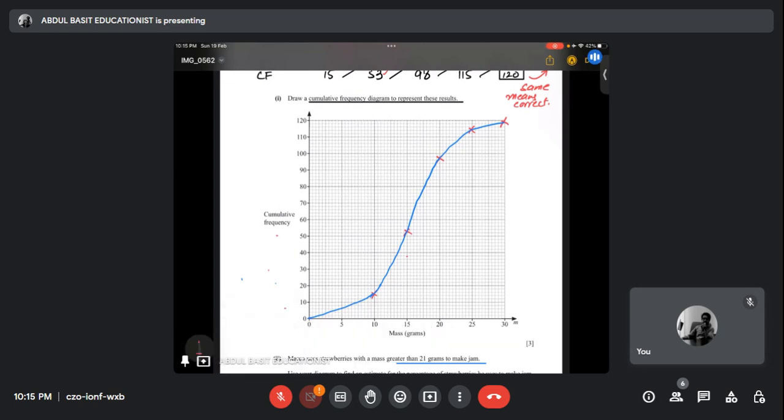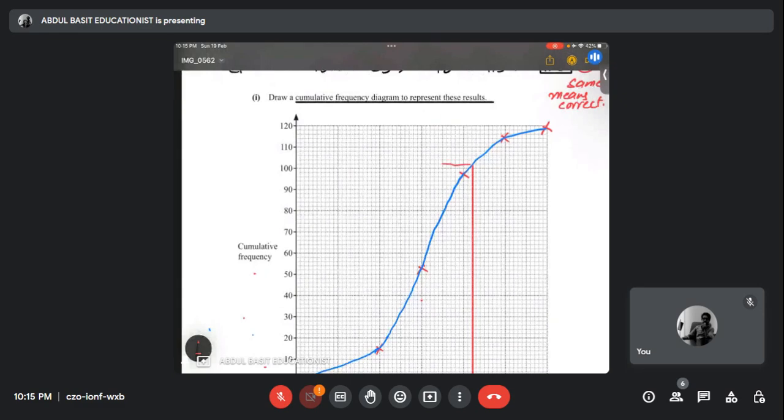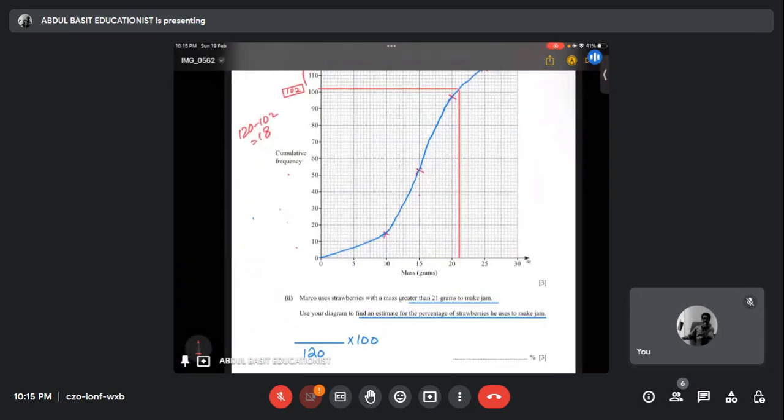So I'm going to pick a line from the x-axis, that is what my 21 is. I'm going to hit the curve like that. I'm going to check the answer on the y-axis, what the y-axis answer is. I can see that it's 102. It's 102. Do you agree with me, everybody? Yes sir. So greater than 21 grams, 120 minus 102 is 18 strawberries that are used to make the jam.